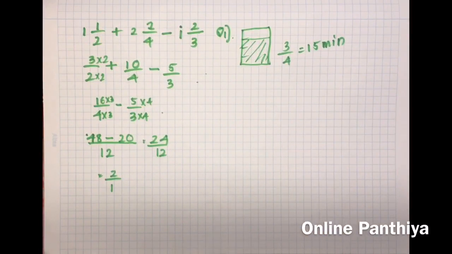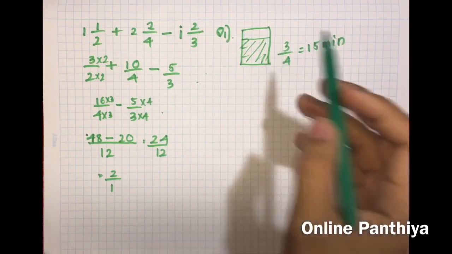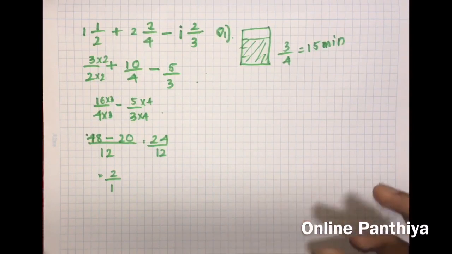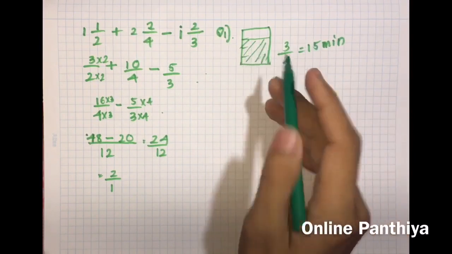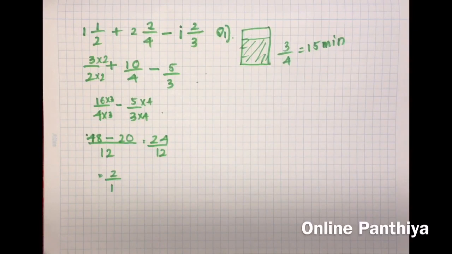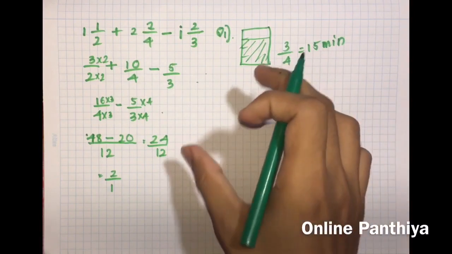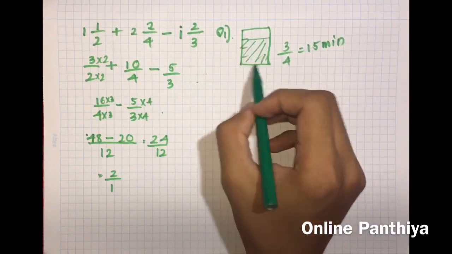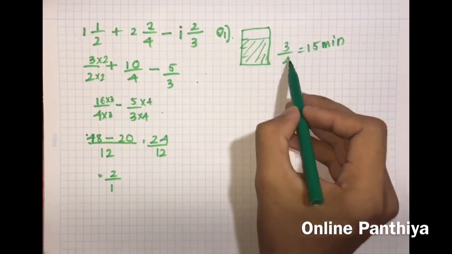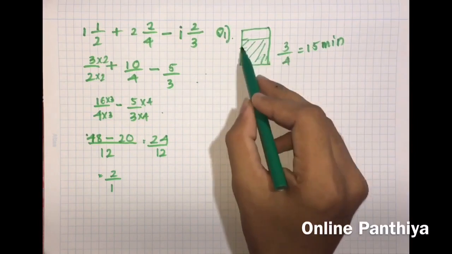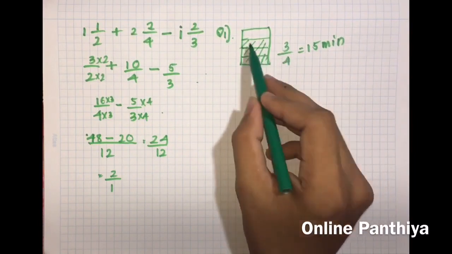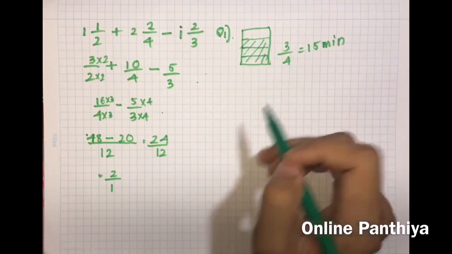How do you find out? Now see, you can just do these with diagrams also. Okay, but anyway you have to write sentences and then show them, but just by the diagrams you can get an idea. You can compare your answers with the diagrams and check whether your answers are correct. Now see, if you consider this total tank and divide it into 4 equal parts, out of 4 equal parts, to fill 3 parts it takes 15 minutes.